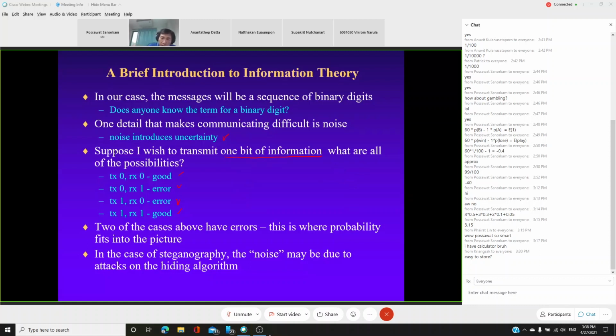So this is called a digital channel. For example, a binary channel. If I draw the channel like that, 0 to 0, 1 to 1.